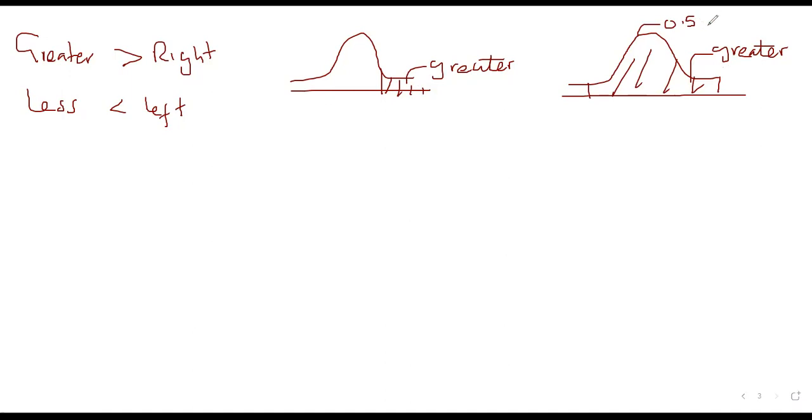It's 50% plus because it's a big region, whereas this one is less than 50%, so 50% minus. That is the difference between these two shadings.